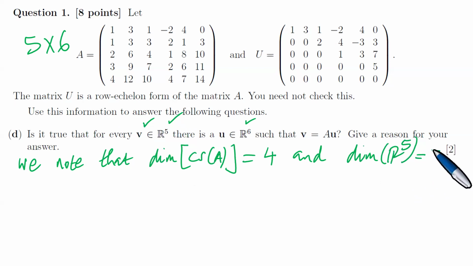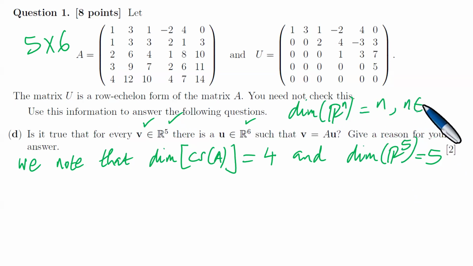Well, the dimension of R5 is 5. The dimension of Rn is always n for any counting number. So we know that at this point the dimension of the column space is 4.